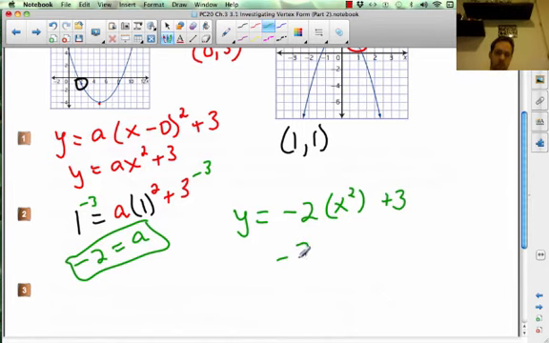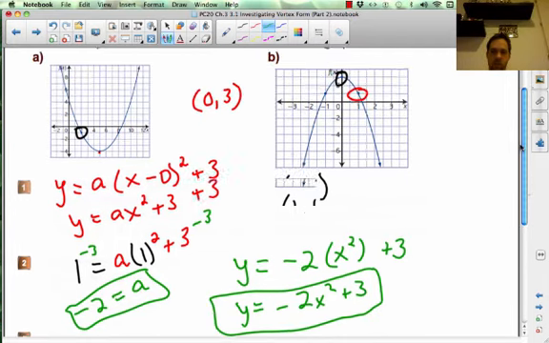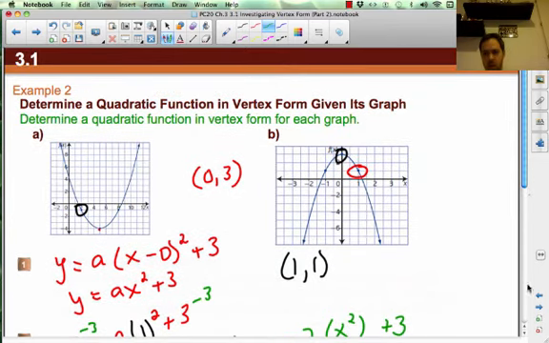You can just write it as negative 2x squared plus 3, and as we predicted, because our graph opened down, it was concave downward, we ended up with a negative value for a, which is perfect, helps verify the fact that we probably did our work correctly.